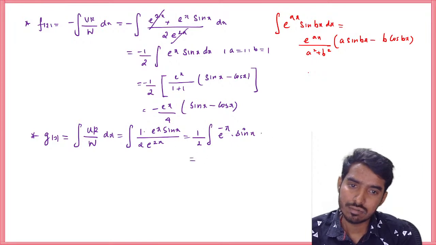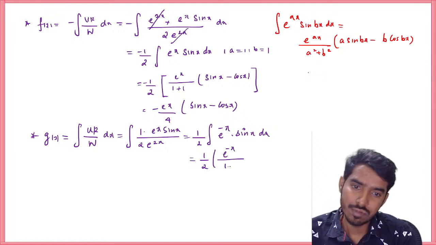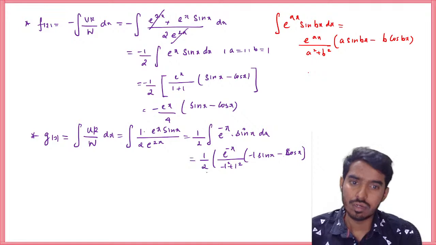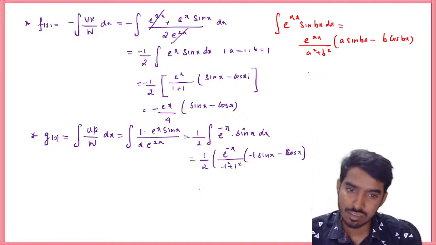So here a is equal to minus 1, b is 1. Right? Minus sin x minus cos x.